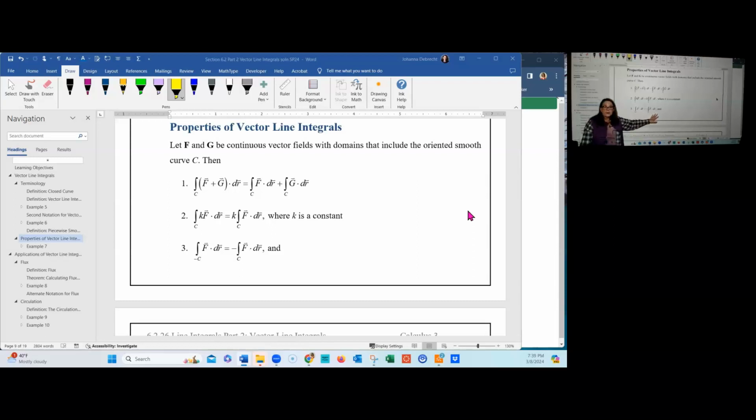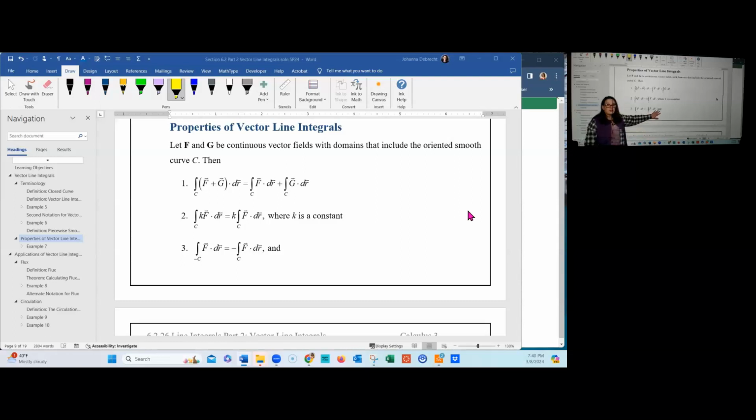The third property is one that is unique to the vector line integral when compared to the scalar line integral. In a scalar line integral, we were computing the area of the drop curtain, which means it has to be non-negative. It doesn't matter which way you travel along the curve, the drop curtain is the same.